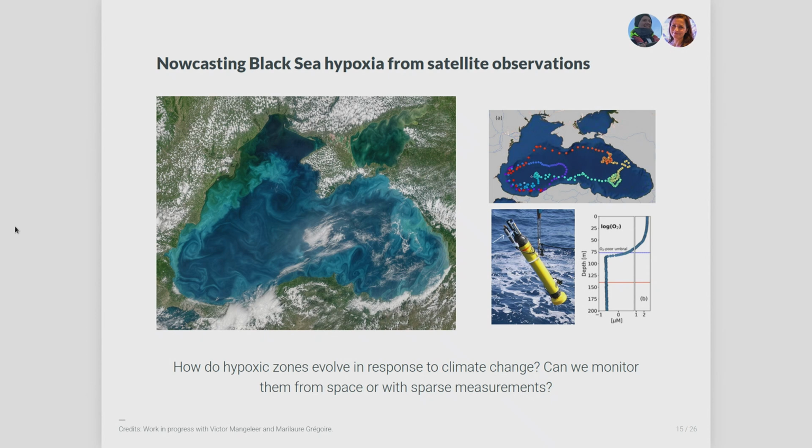And so in collaboration with the oceanographer, we've been trying to map the 3D oxygen concentration in the Black Sea from satellite observations only. What we want is to basically infer the oxygen concentration at the surface, but also in the volume below, at every level. This is quite a challenging problem because high resolution is needed for this to be useful.